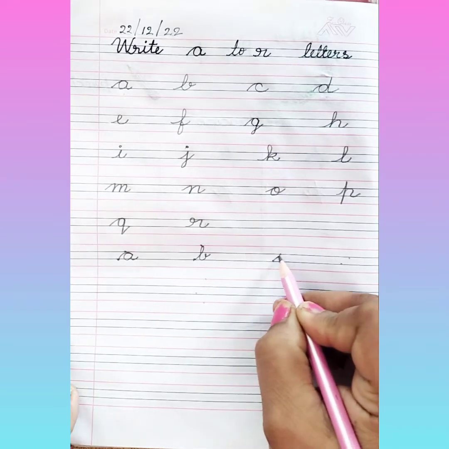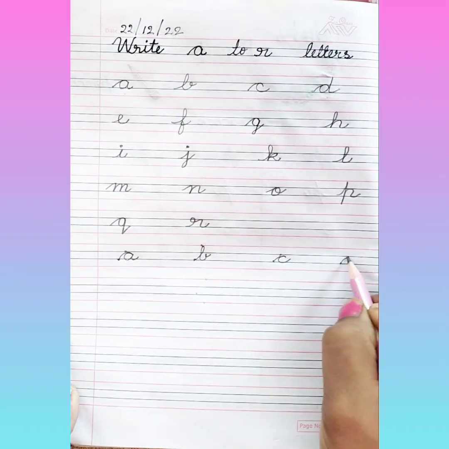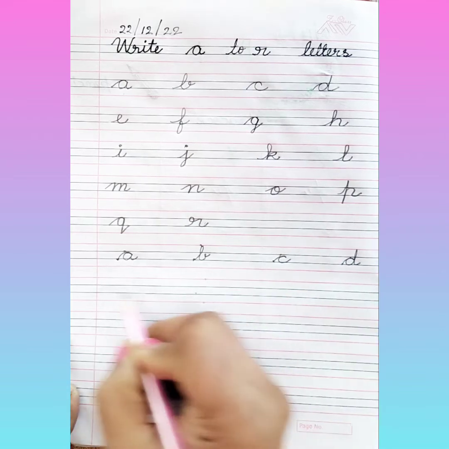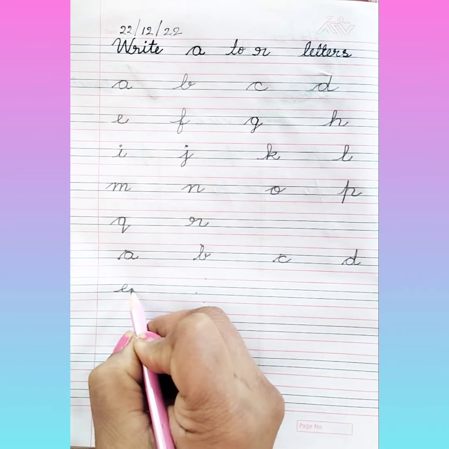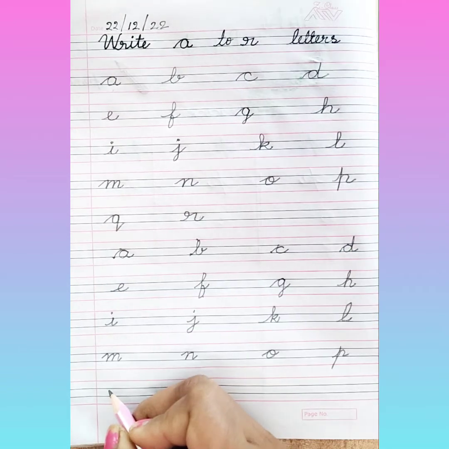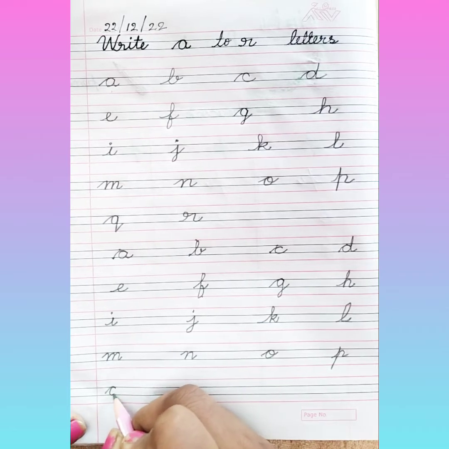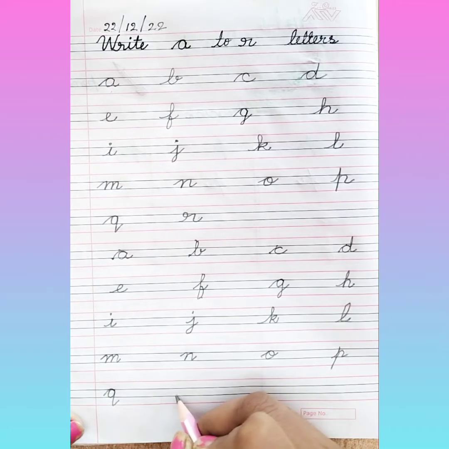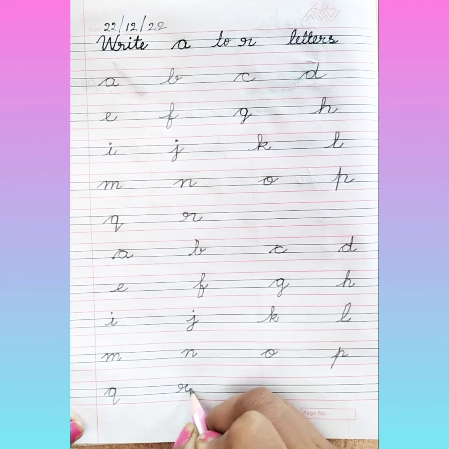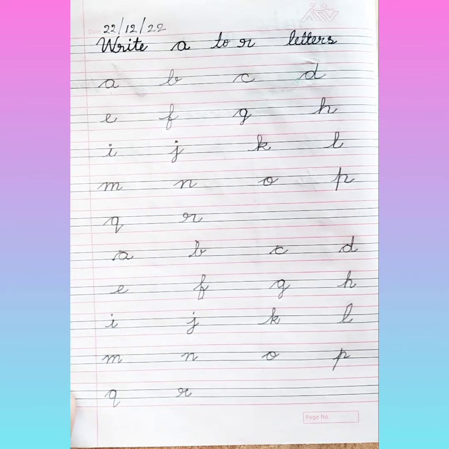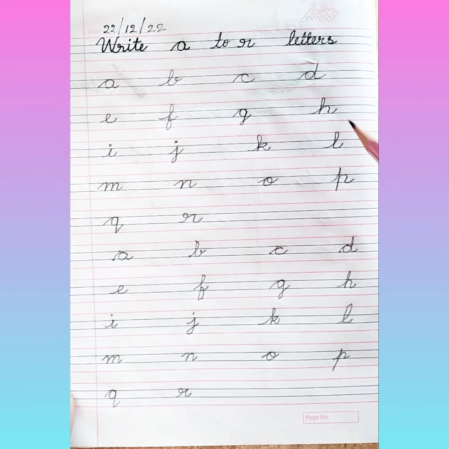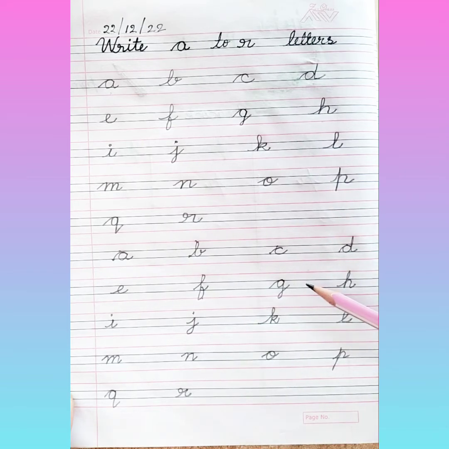A, B, C, D, E. You have to paste this activity in your copy. So, like this, you also do the practice of these letters 2 times and send pics to your respective class teachers.